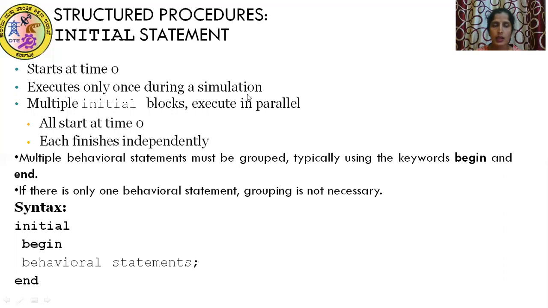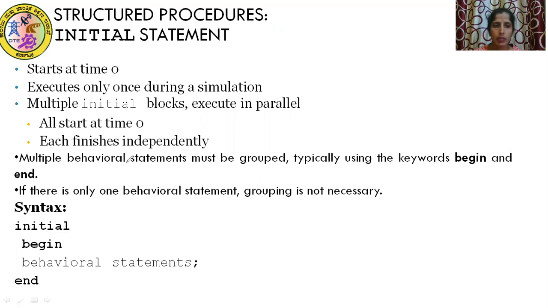Multiple initial blocks execute in parallel. All the statements will start at time 0 and each of them will finish independently.